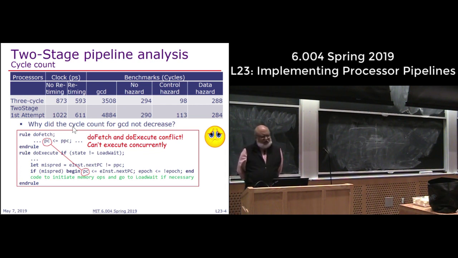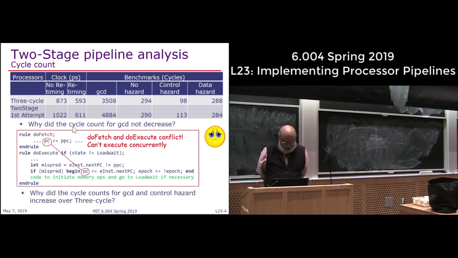So let's try to understand a little bit more about this program. All right, so I look at this and let's see, what is the next question? Now the question is, even though the number of cycle count increased a tiny bit, let's just focus on this one, the one with control hazards.